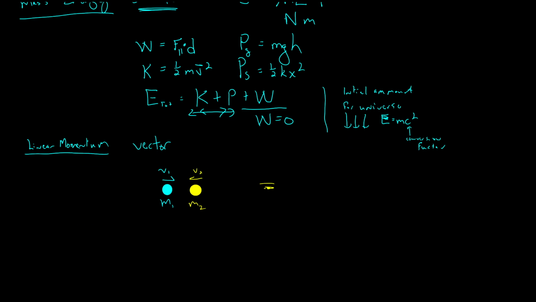The total of everything inside of the system, we'll call the total momentum, which tends to get a lowercase p. It is the sum of all the masses times their velocities, the vector version of the velocities. So in this system, my total initial momentum, because this is the beginning frame, is m1 v1 plus m2 v2.